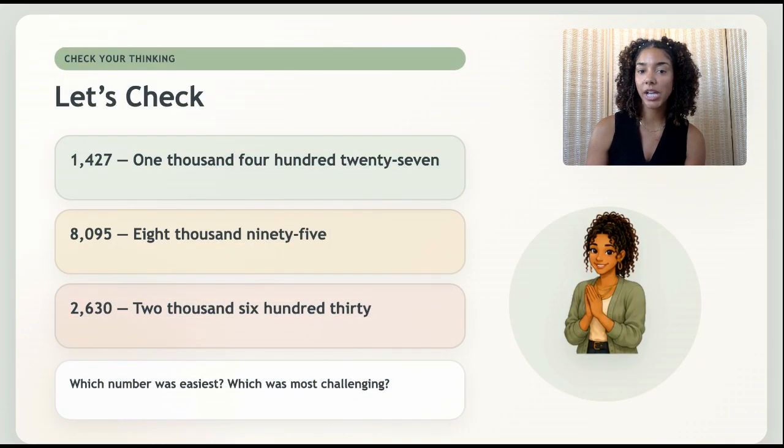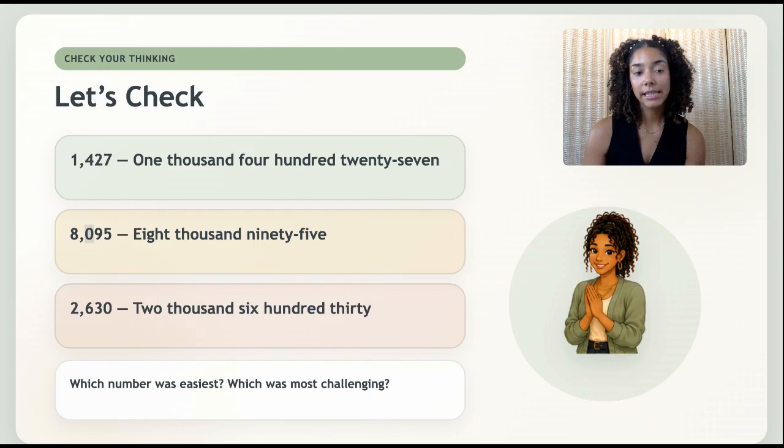All right, let's check. This number is 1,427. We start in the thousands place. So this number reads 1,427. Let's look at our second number. We have 8,095. Pay close attention to our zeros here.